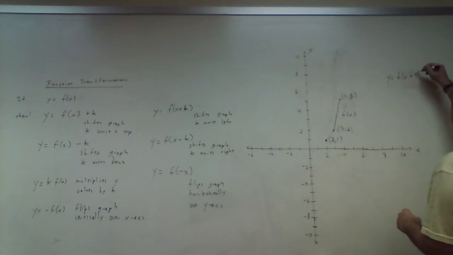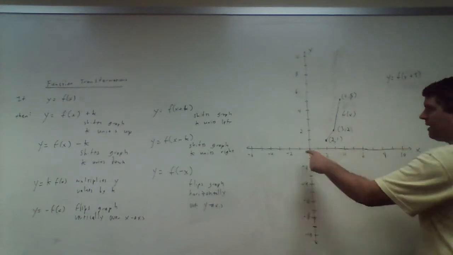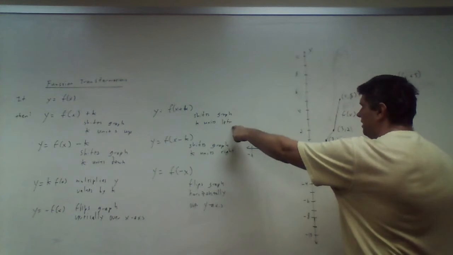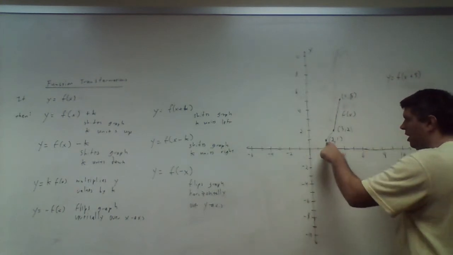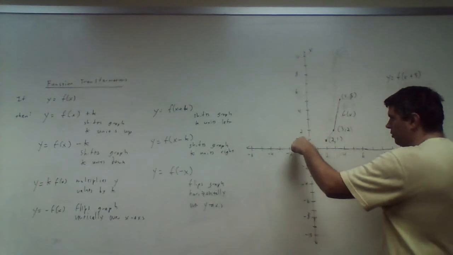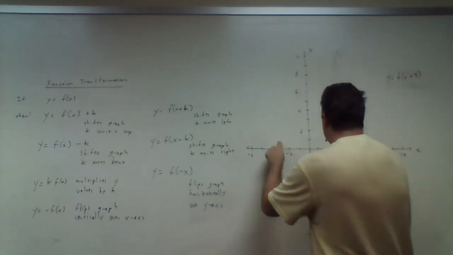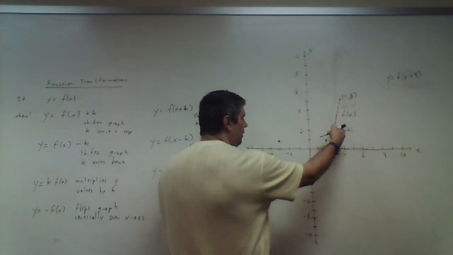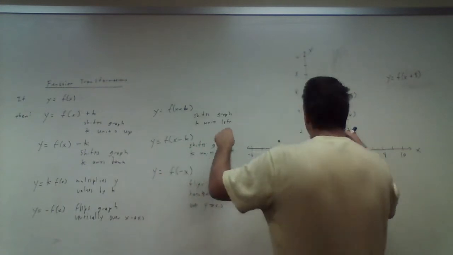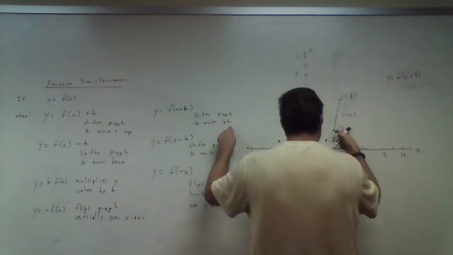So let's say we do f of x plus 5. That's going to cause this graph to get shifted 5 units to the left. So 1, 2, 3, 4, 5. So this point is moved here. This point has got to be moved to the left 5 places.